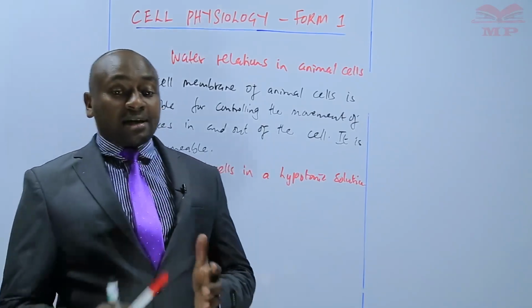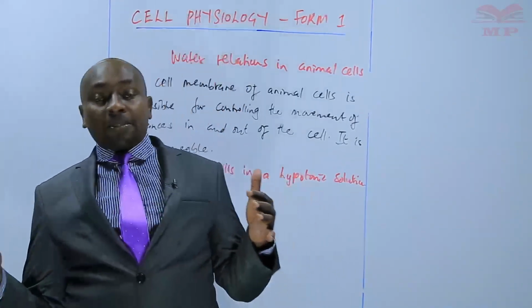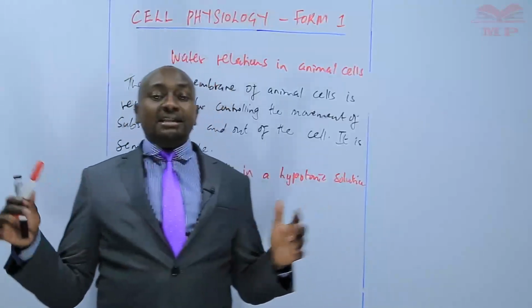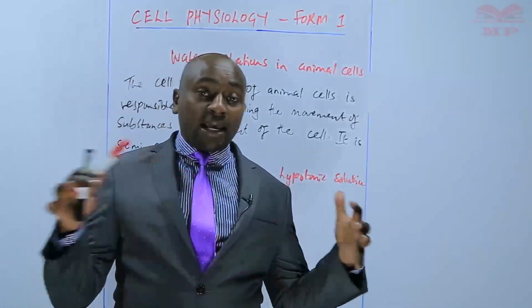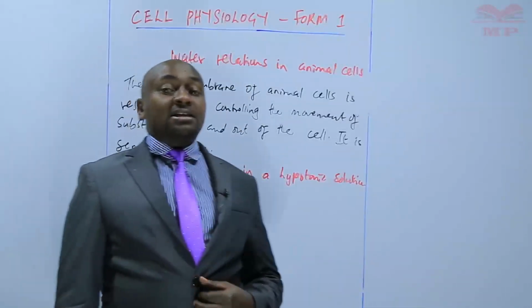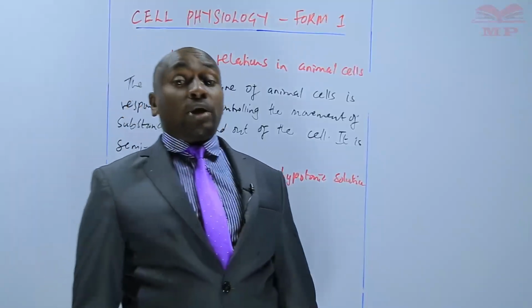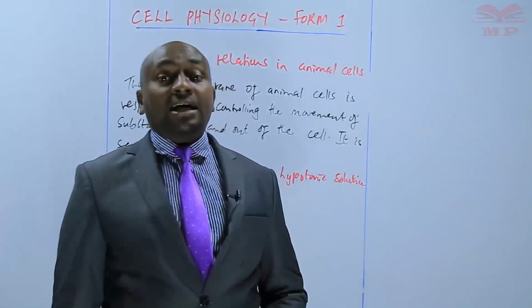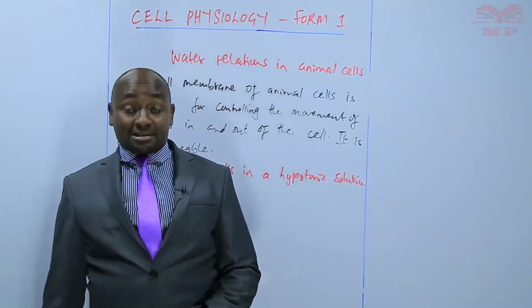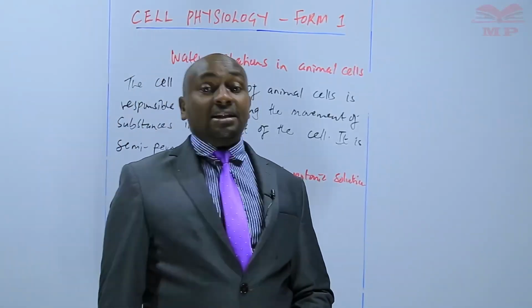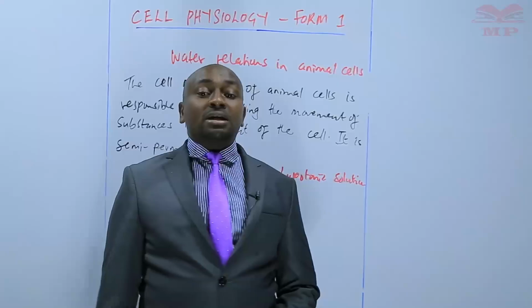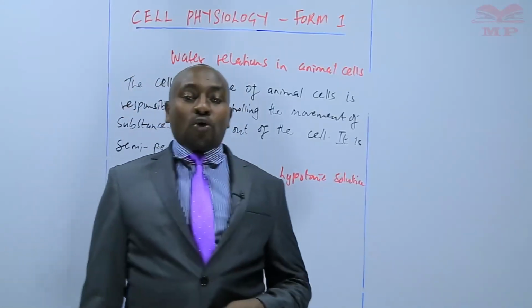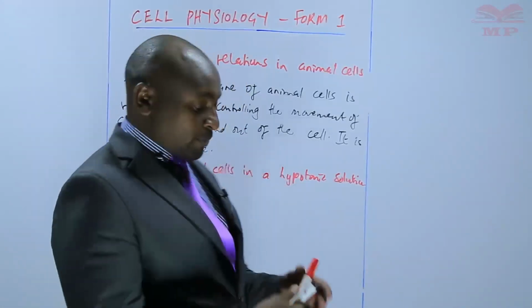And as the cell continues to gain water, it continues increasing in size, swelling, and eventually it gets to a point whereby that cell cannot expand any further. And at that point, the cell bursts. So we say that that particular cell has been haemolyzed or has undergone haemolysis.